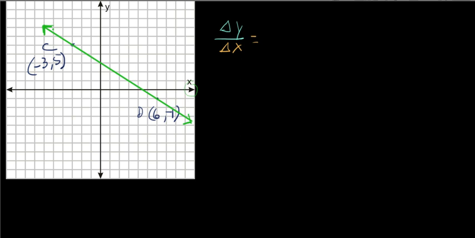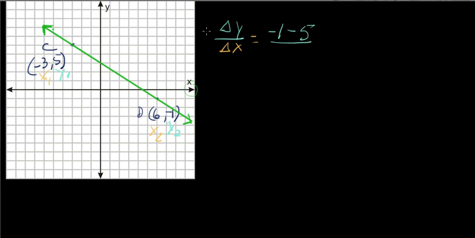So what does that mean? Delta y is going to be y1 is here and y2 is here, and delta x, okay, x1 is here and x2 is here. So let's first take a look at y2 minus y1. y2 is -1 minus positive 5.